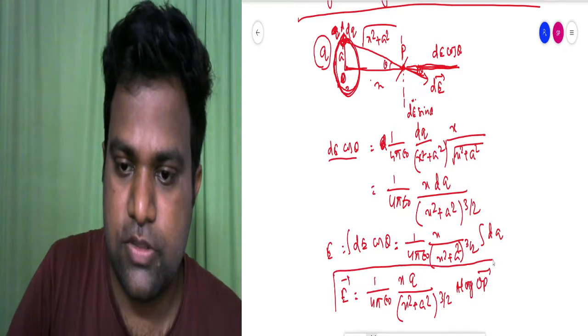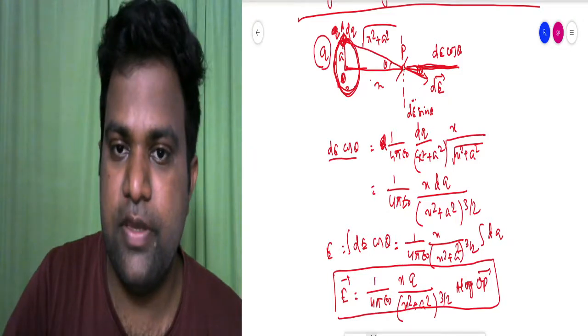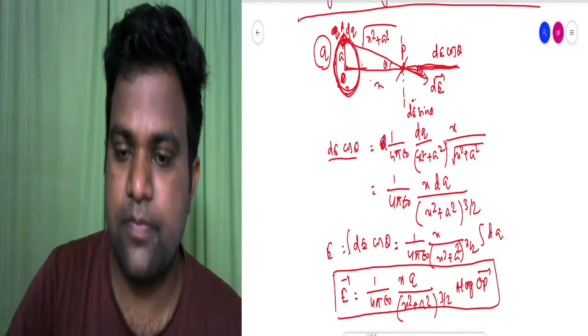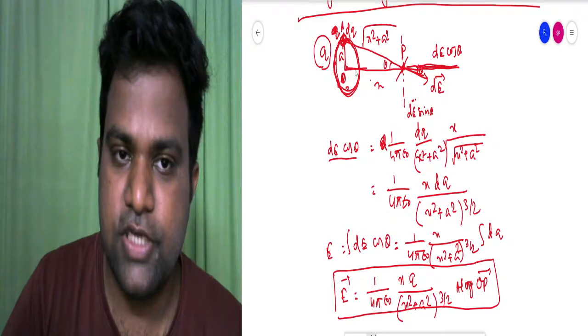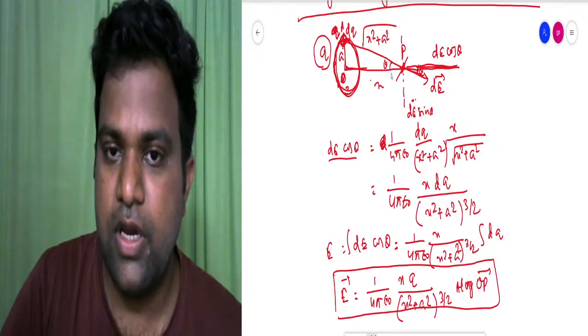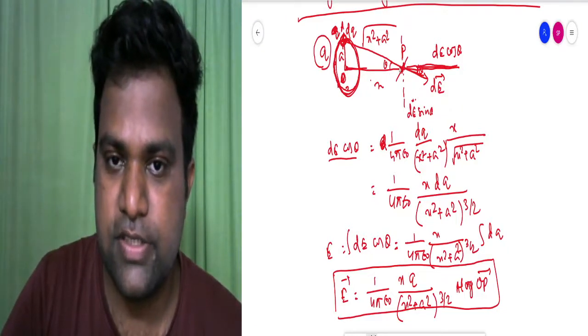So this is the electric field at a point P on the axis of the ring, and the ring is uniformly charged by the amount of charge Q, where we calculated the net electric field at a point on the axis.